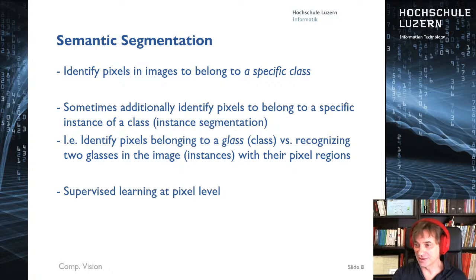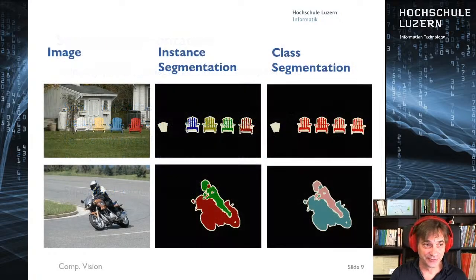We could also look at semantic segmentation as supervised learning at the pixel level. Obviously, to find classes, we will need to have some training data to get the information.